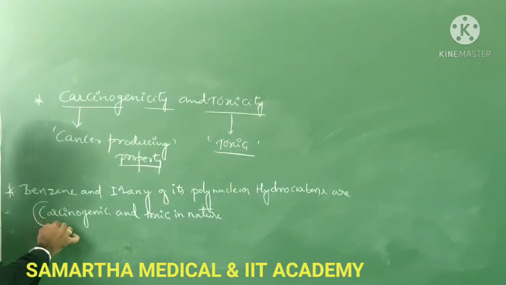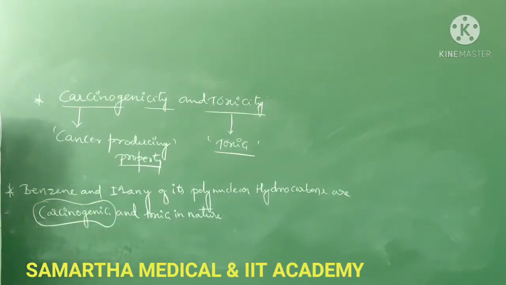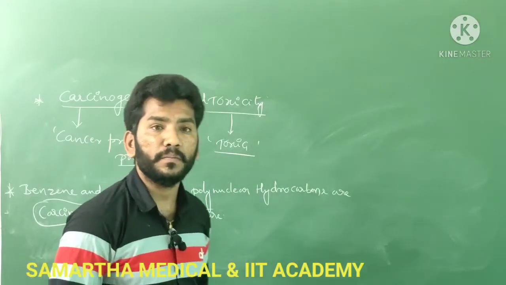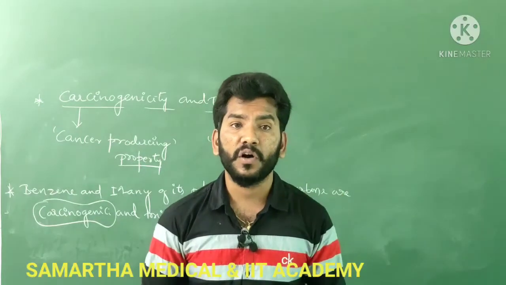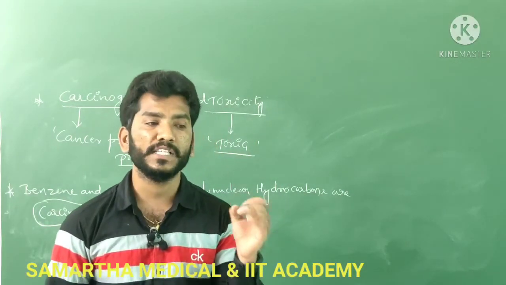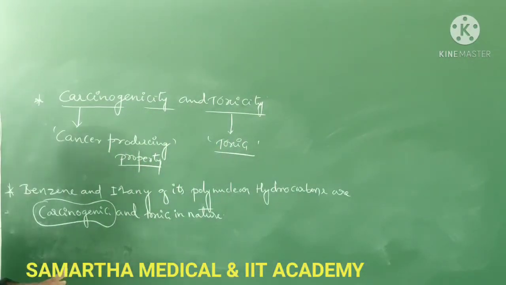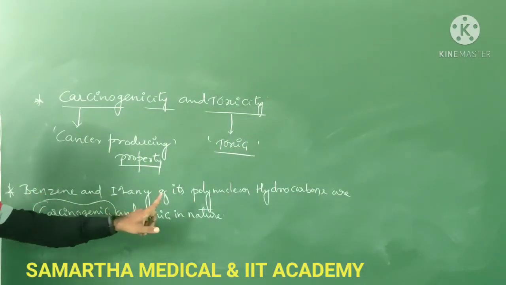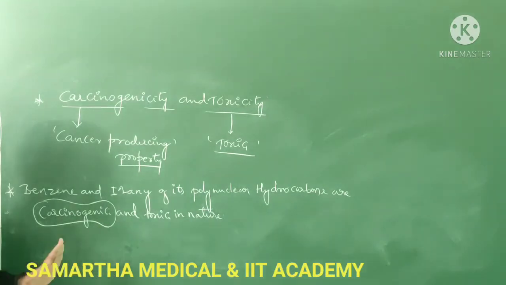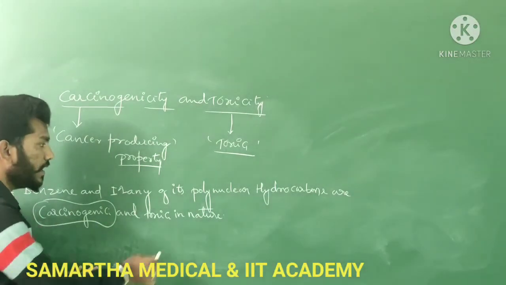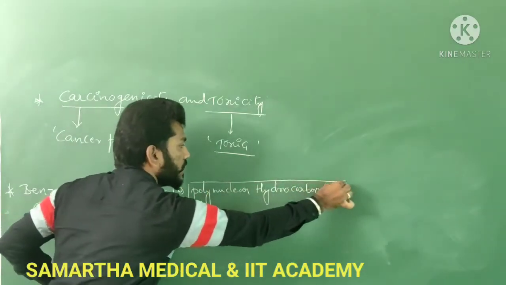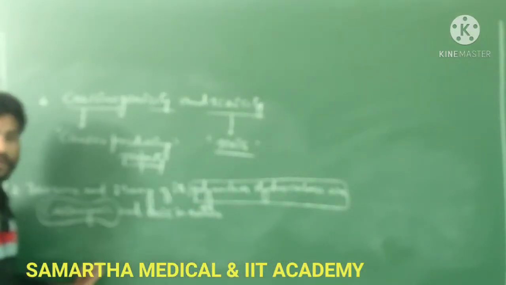The carcinogenic nature of polynuclear hydrocarbons of benzene is due to the incomplete combustion of tobacco, coal, and petroleum. So benzene and many of its polynuclear hydrocarbons are carcinogenic and toxic in nature. My question is, how do these polynuclear hydrocarbons form?